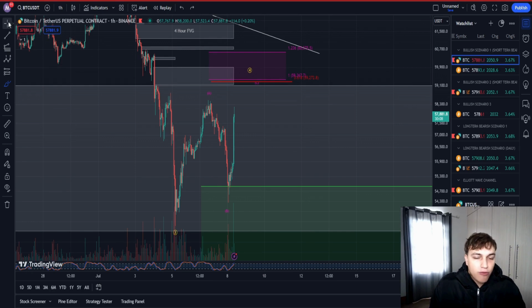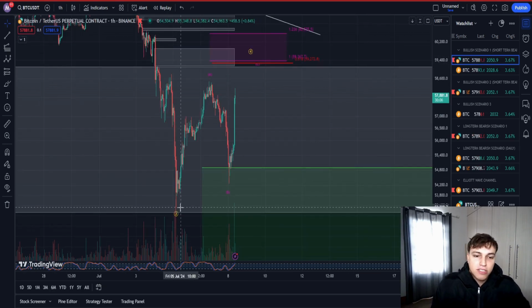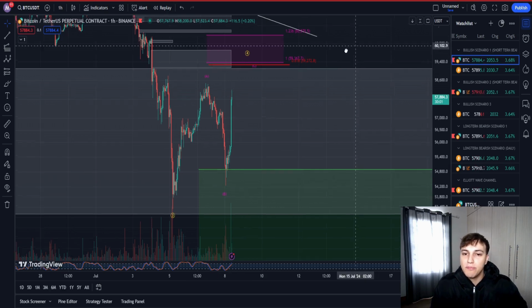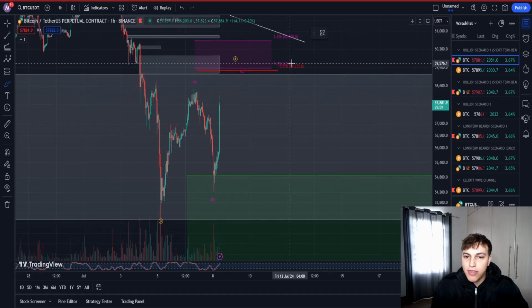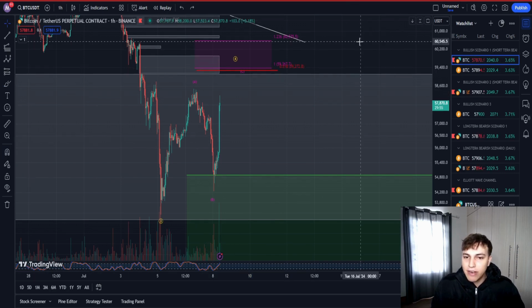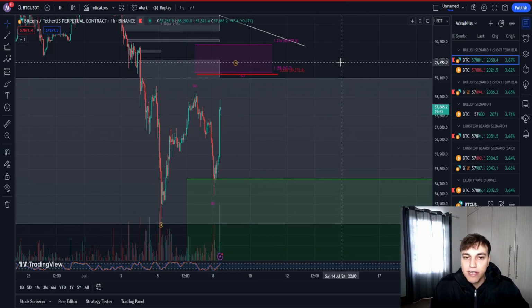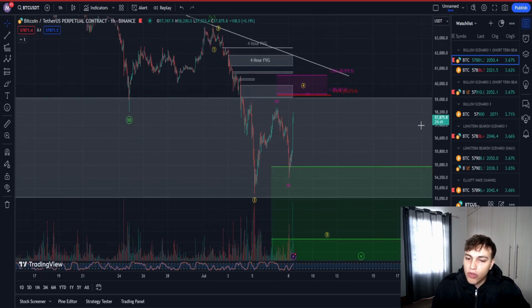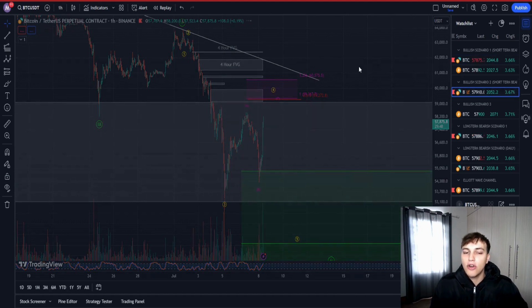The target for the wave C, measuring from the bottom of wave A to the top of wave A to the bottom of wave B, is 59,367. Now that would invalidate the wave 4, but hopefully price doesn't reach all that high. If price reaches all that high, we have a different scenario in mind.